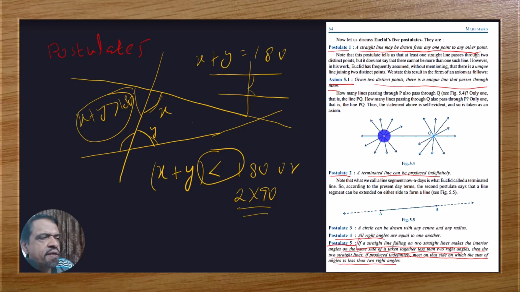Through a single point P, infinite lines can be drawn. एक पॉइंट से बहुत लाइनें जा सकती हैं, इनफाइनाइट लाइन्स. दूसरे पॉइंट से भी इनफाइनाइट लाइन्स, बट इन दोनों पॉइंट से जो जाएगी वो यूनिक लाइन जाएगी. The same diagram here. Through the two points there is a unique line that passes through, but independently through one point a lot of lines can pass. This is axiom 5.1.